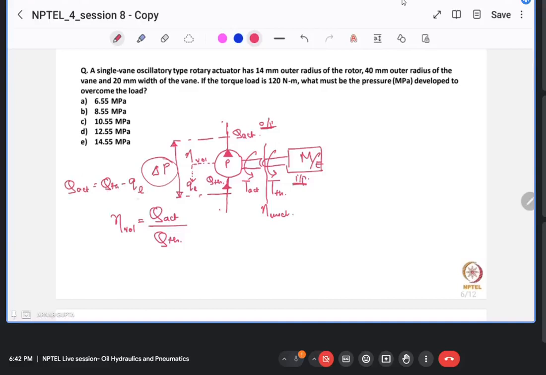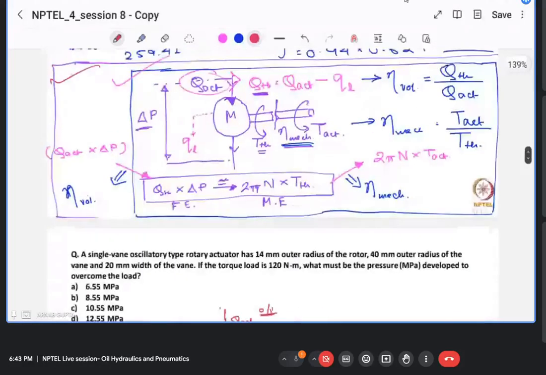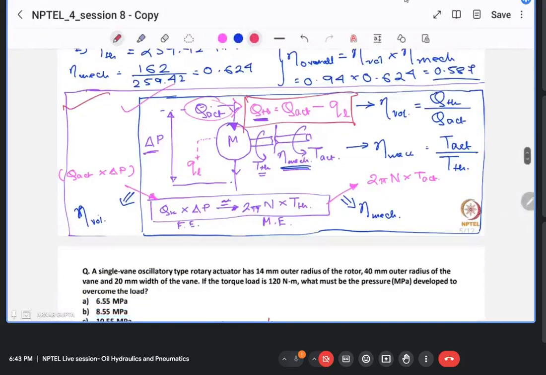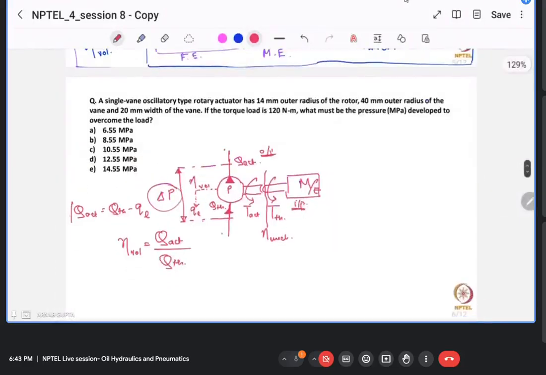I'm considering leakage only, but there are some other losses due to compressibility. For the motor it was the other way around: Q theoretical is equal to Q actual minus QL. Here Q actual is Q theoretical minus QL for a pump. So your volumetric efficiency will be Q actual by Q theoretical, and your mechanical efficiency will be actual torque divided by the theoretical torque.